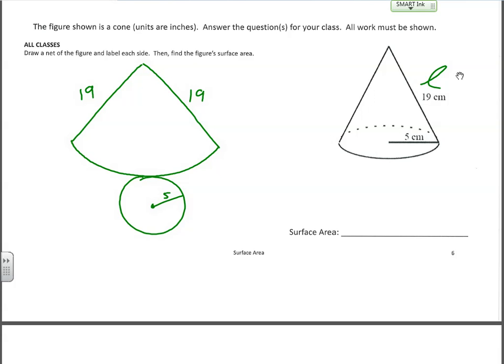We know the area of a circle is pi r squared, and the area of this cone section here is pi times the radius times the slant height. If you want to do it all in one fluid calculation, the surface area of a cone is pi r squared plus pi times the radius times the slant height. Okay.